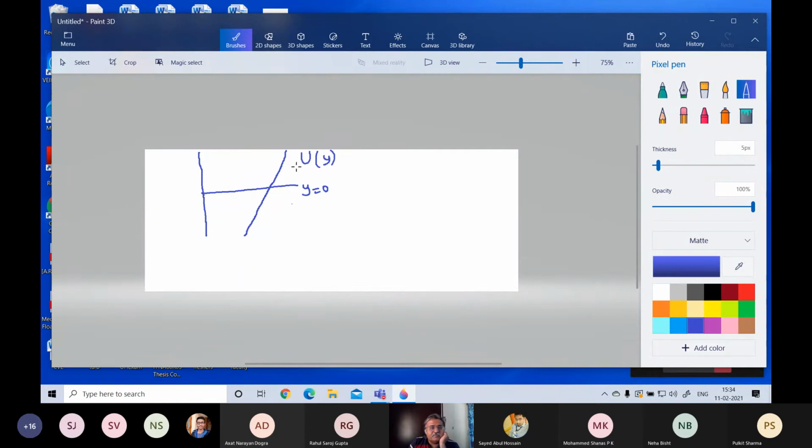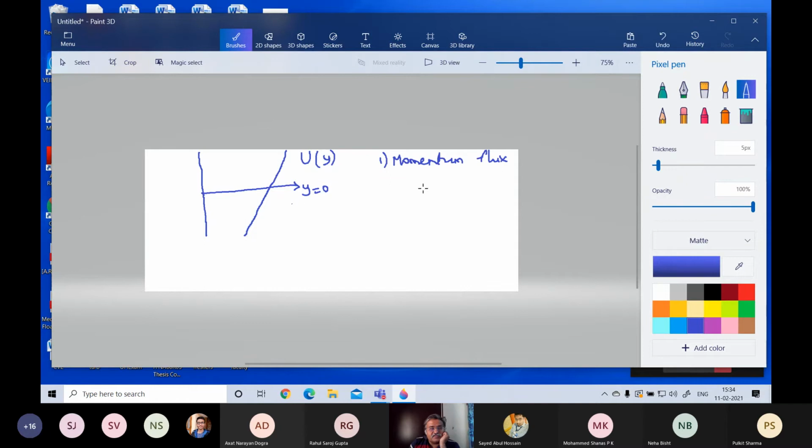So u is the velocity, that means u is varying with y, and this is y equal to 0. So this is the baseline. So u of y varies like this, and there are a couple of terms probably that will be used. One of them is what is known as the momentum flux.